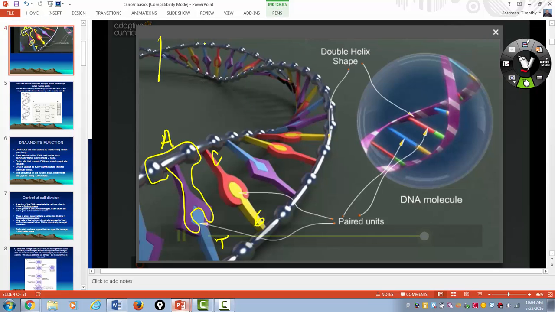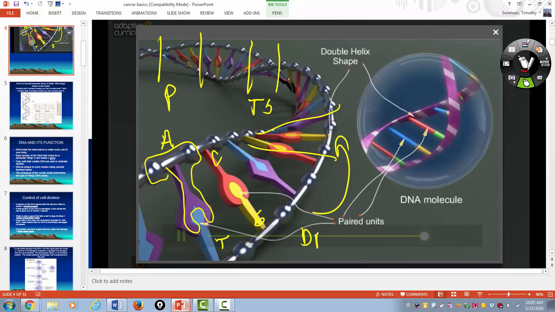Again, if this is a gene, here this is the proto-oncogene. Then you have the tumor suppressor gene, and then you have the DNA repair gene. Right? Now look.